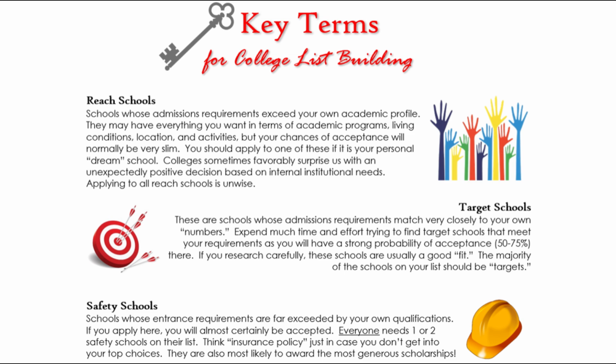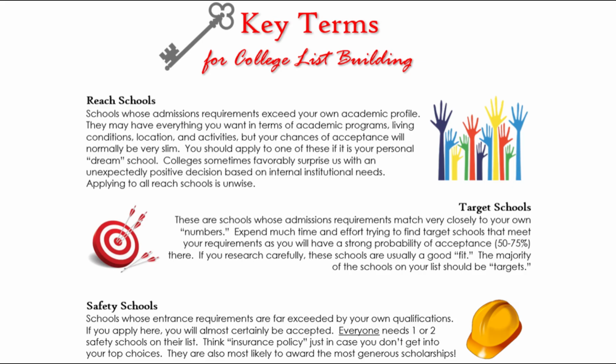So for example, the Ivies. I don't care who in this room has a 4.5 GPA and a 1,500 on their SATs, the Ivies are a reach. You have to be a special kind of someone, do something very special to be able to get into an Ivy. Okay, they are reach schools for everyone.